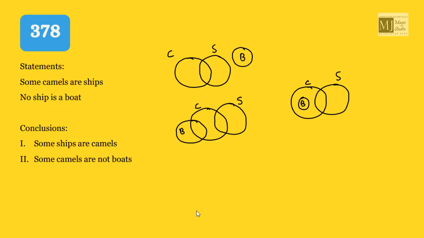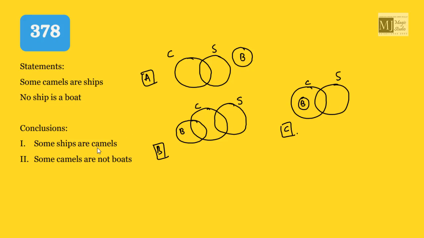All three are possible, because all three Venn diagrams say some camels are ships and no ship is a boat. So we have diagrams A, B and C.